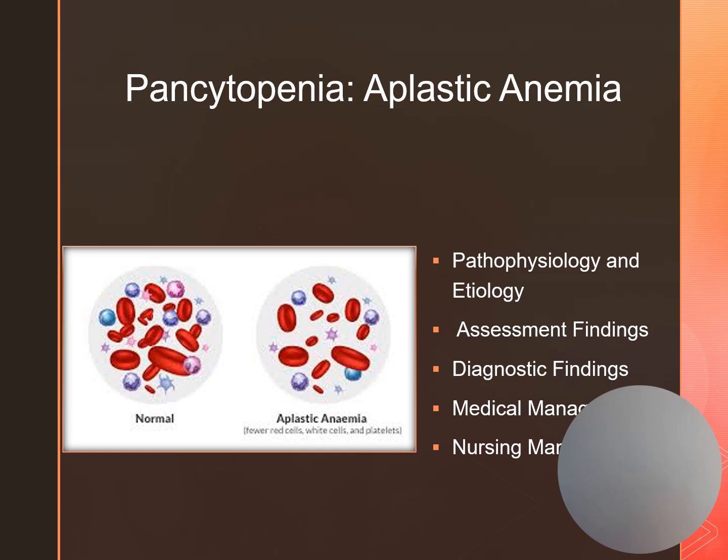Pancytopenia is a reduced number of marrow-produced blood cells. So in this instance, we have aplastic anemia. Aplastic anemia is the failure of cells to develop because of inadequate stem cell production. Causes could be autoimmune diseases. It may be exposure to toxic chemicals, radiation, or drug therapy.